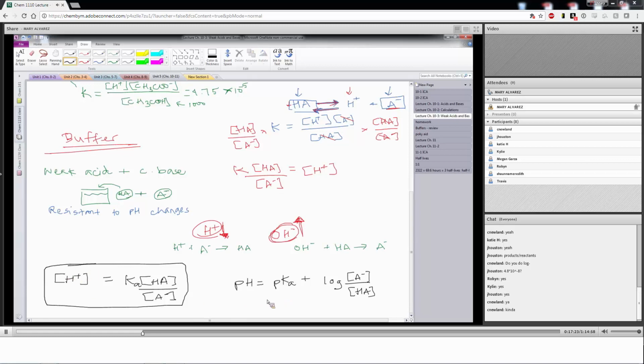But on the homework, and also just for the sake of seeing what's going on here, it won't hurt to use this one here and there. These are both the exact same equation. I just took the minus log of each side to get here so I can solve directly for pH. And if I was given the pKa, then it would be easy to use that.